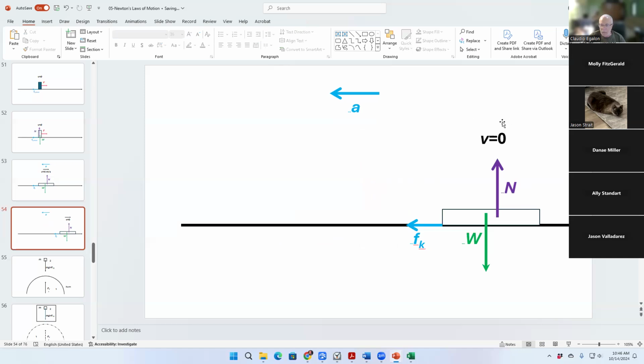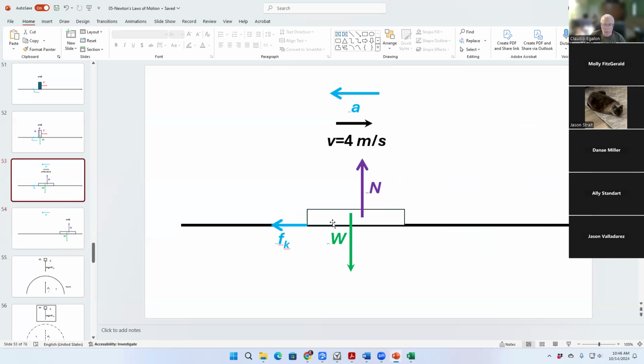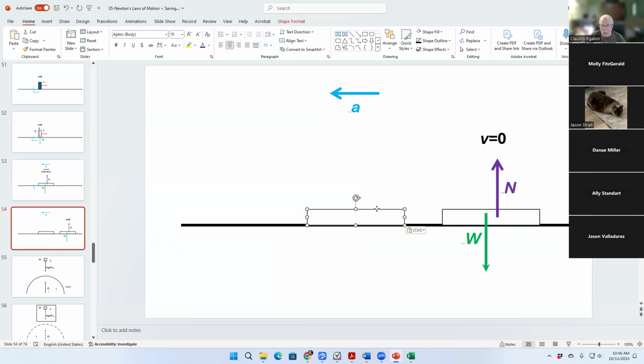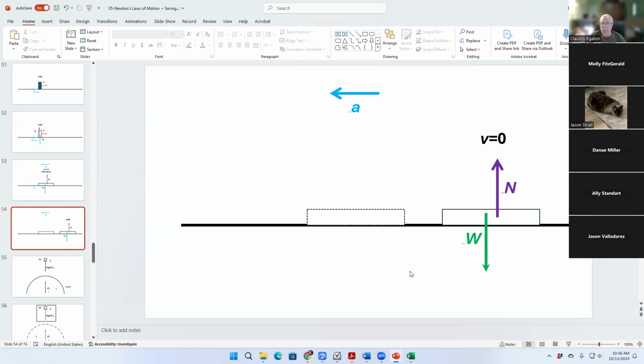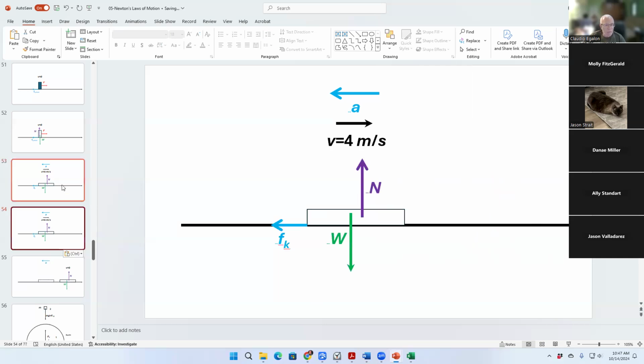Okay, and when the velocity goes to 0, there is no more force of kinetic friction. Here you go. He's asking, what is this displacement here? And we can even put another frame here in our movie, right?